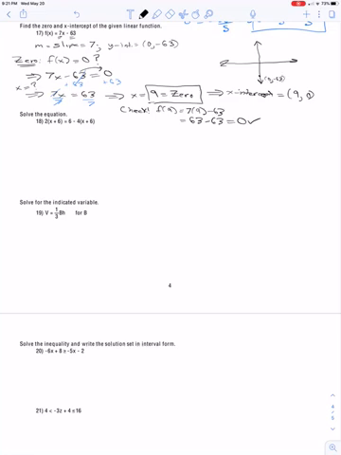We graph in this line, and here's our graph. Our x-intercept, the location of that zero, is the point (9, 0). So here's the graph of f of x equal to 7x minus 63.